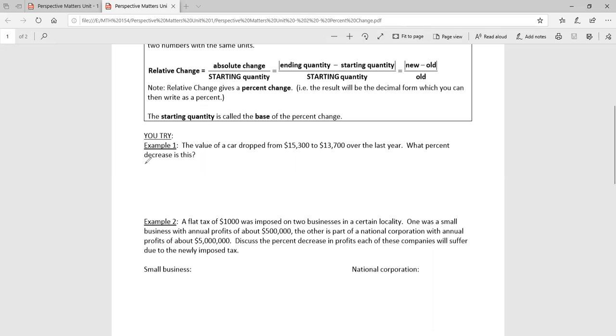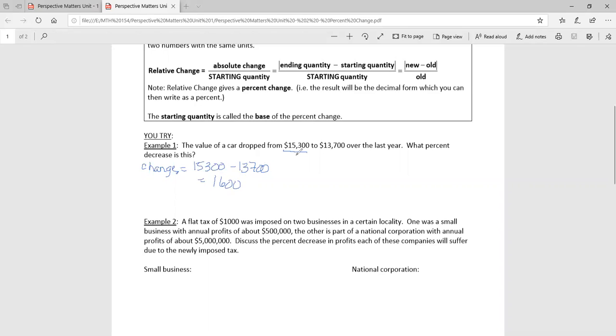Okay, so assuming you've had a chance to look at this, we've got the value of a car. So up here, the order isn't as important, but we need to figure out what the starting quantity was. The car dropped from last year. So the total change, the change in price, or the absolute change, is going to be the difference in the 2 car prices. Okay, and I'm going to punch that in, 15,300 minus 13,700, and get an absolute change of 1,600.